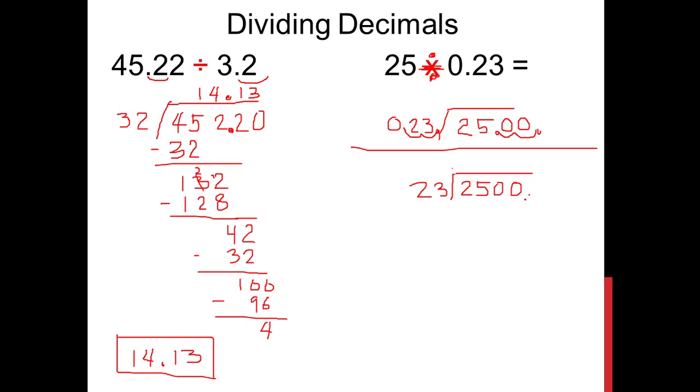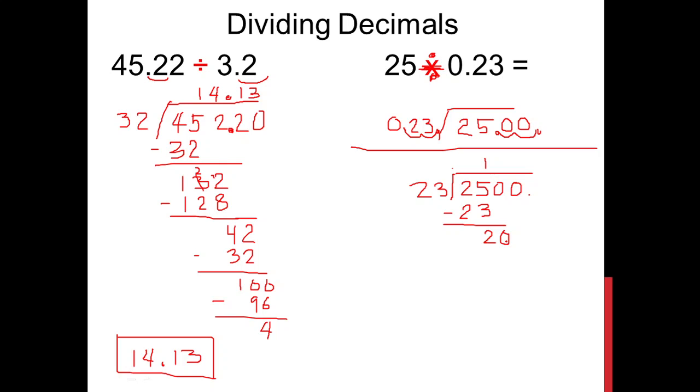So let's start dividing. 23 divided by 2 cannot be, so let's proceed to 5. 25 divided by 23, that is 1. 1 times 23, that is 23. 5 minus 3, that's 2. 2 minus 2, that's 0. Then let's bring down 0 here.